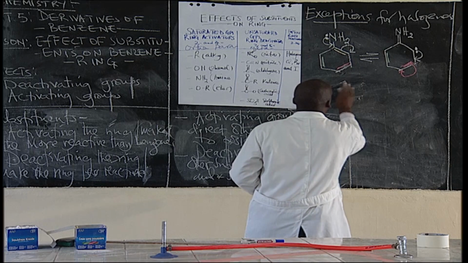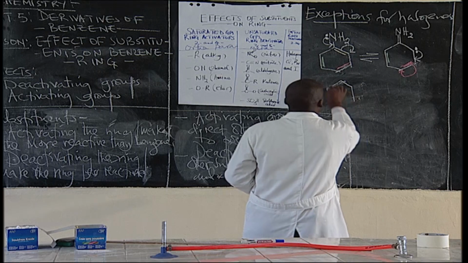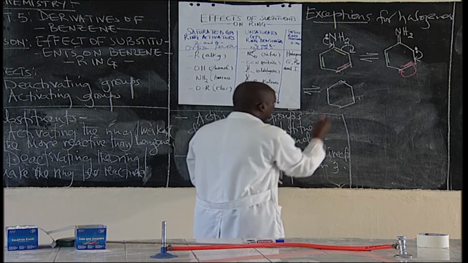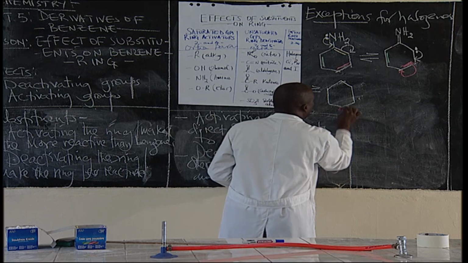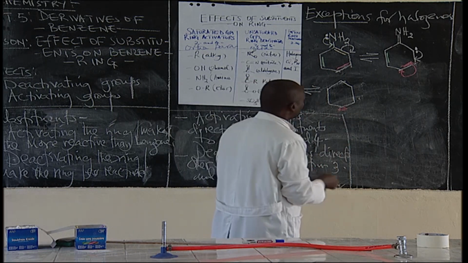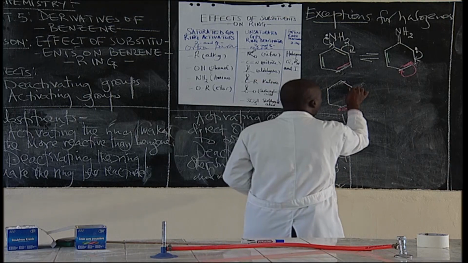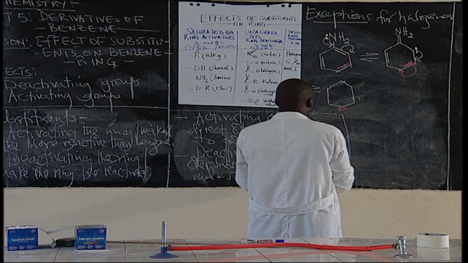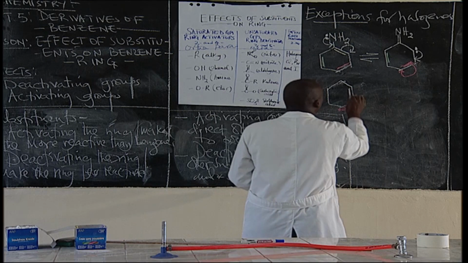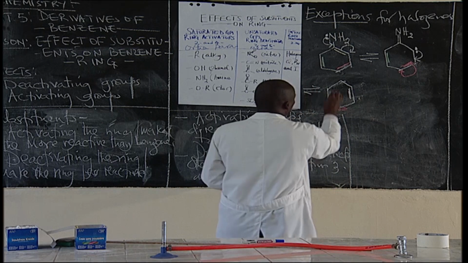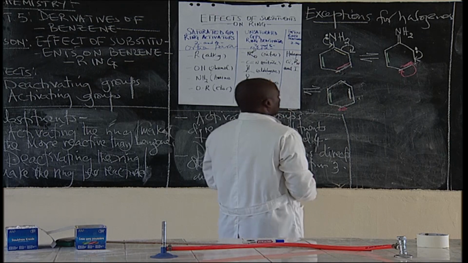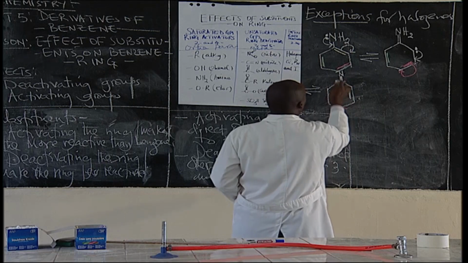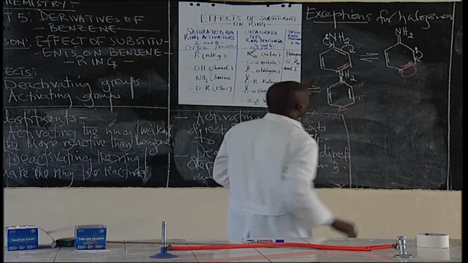So you have the lone pairs now occupying this position with a bond. Now this bond now comes here. You remember we still have this one here. So this is double bond still with NH2.